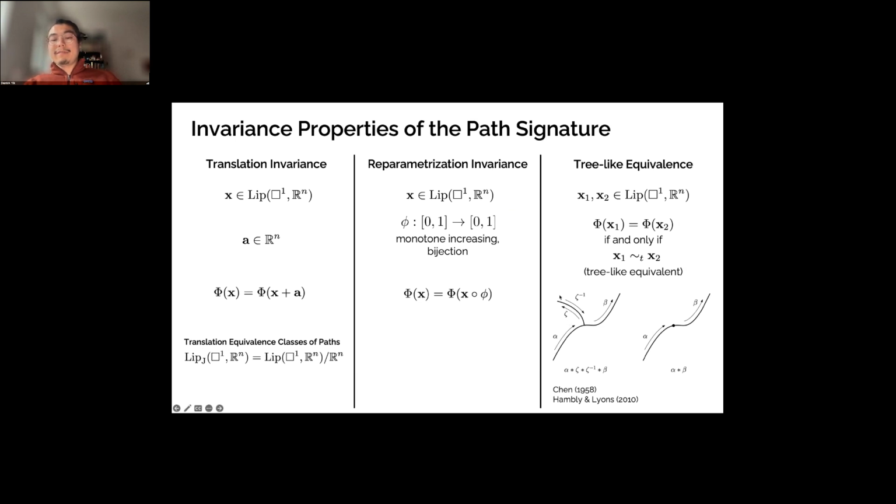So we can think of this zeta concatenated with zeta inverse as a branch, and if two paths differ by a finite number of these, then we say that they're tree-like equivalent. This definition only holds if the paths are sufficiently regular, for instance, piecewise C^1. This was originally proved by Chen in the 50s, but later proved by Ben Hambly and Terry Lyons in 2010 in the case of bounded variation paths.